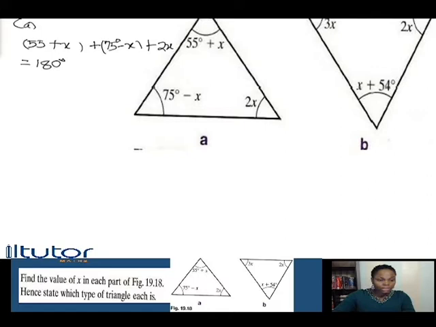So you can write that down so that we have, removing the brackets, 55 plus x plus 75 minus x plus 2x equals 180 degrees.